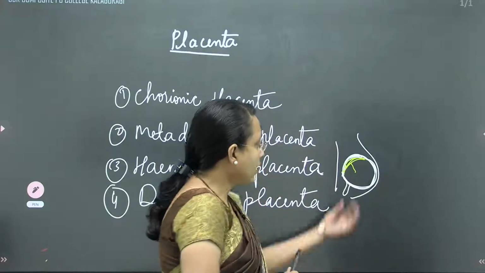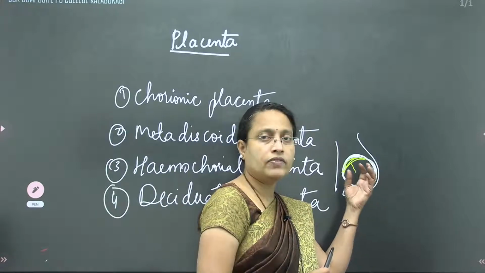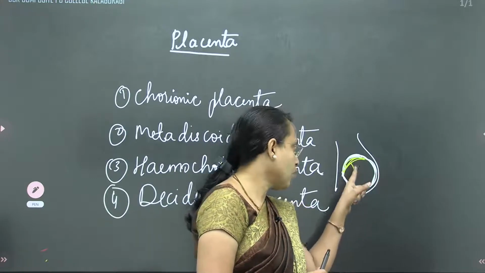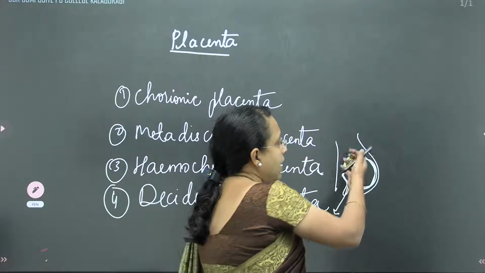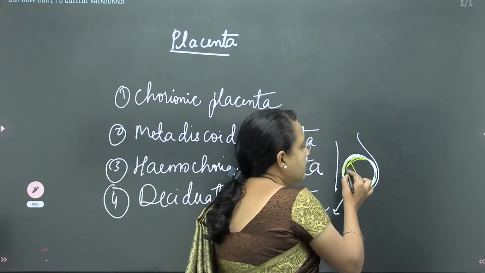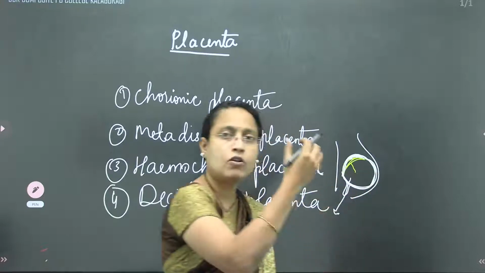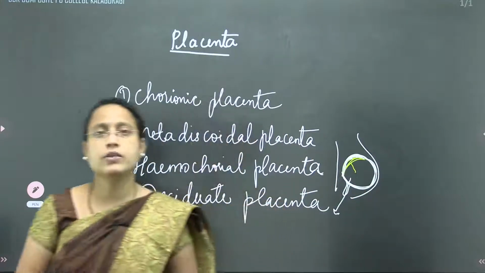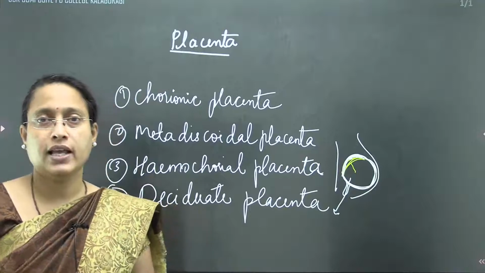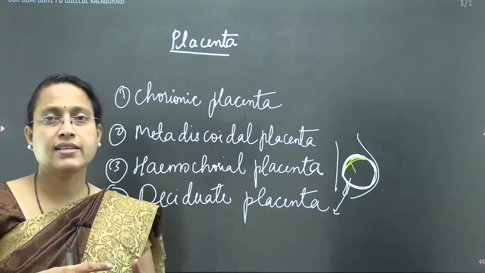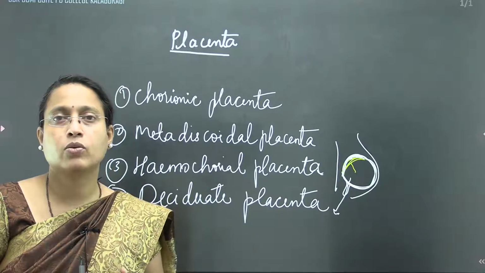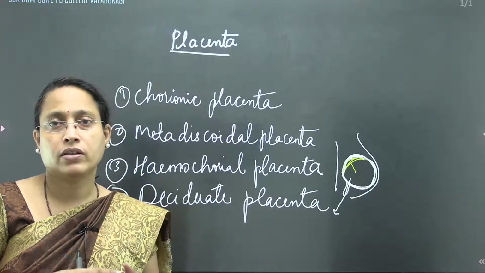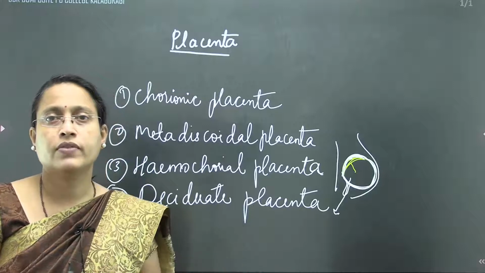Thus, after the birth of the young ones, when the placenta also is ejected outside, as it ejects, it will also take along certain decidual parts with it. Why? It is because the placenta is intricately connected with the decidua, or to the inner wall of the uterus.